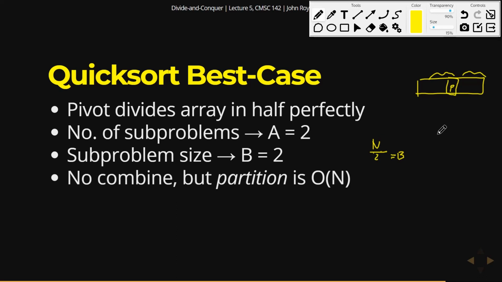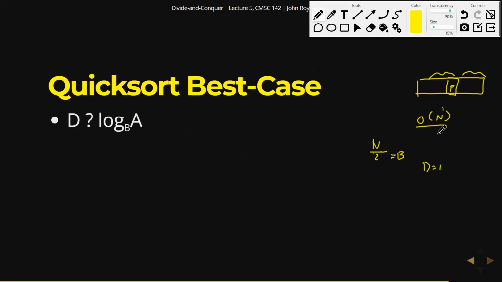There is no combine step, but the partition step here takes O of n, right? So let's just use that running time for the D. So n raised to 1, therefore D is equal to 1. Okay, so if we had 1 here and then 2 base 2, log of 2 base 2 is still 1, right?